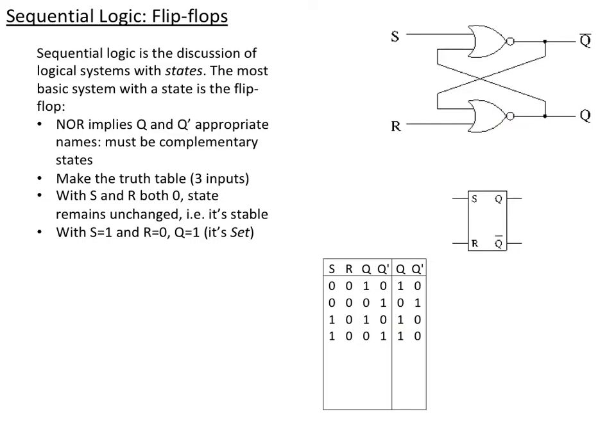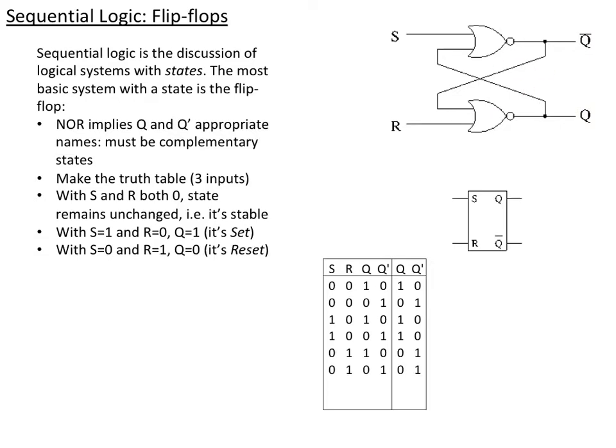So it doesn't matter whether Q bar was 0 to begin with. When we put the set on, this will come around and turn this off, and this will come on. So we will turn it on, and no matter what our starting condition is, we get Q equals 1 on the output. That's because S here makes this Q bar 0 and this Q 1 independent of what the state was.